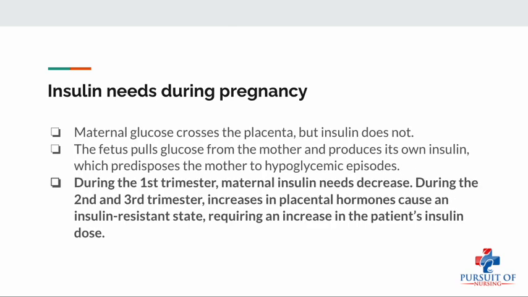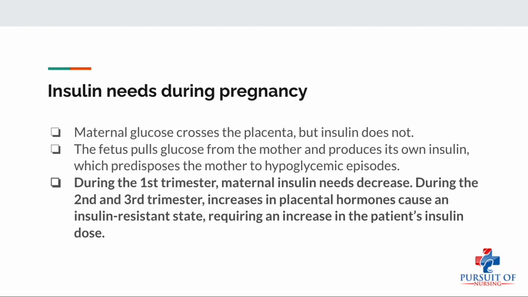So insulin needs during pregnancy. Maternal glucose crosses the placenta, but insulin does not. So the fetus pulls glucose from the mother and it produces its own insulin, which predisposes the mother to hypoglycemic episodes. Okay, so the mother is going to be pre-exposed to hypoglycemia.